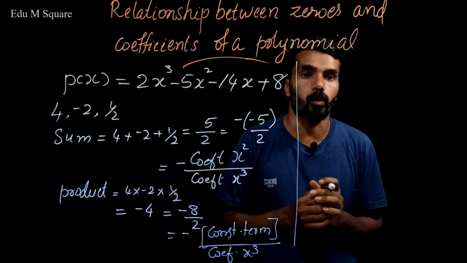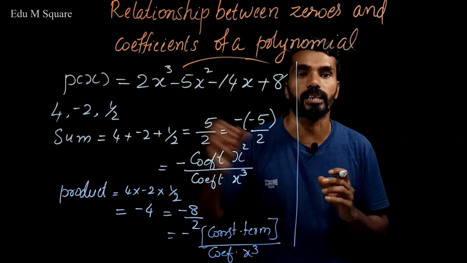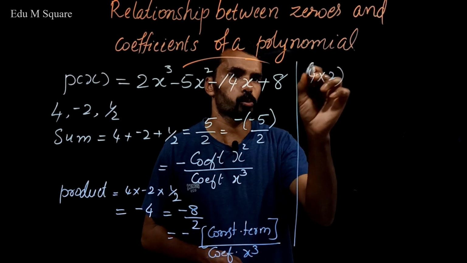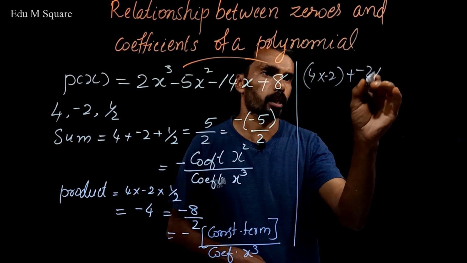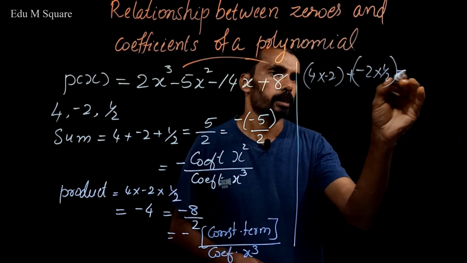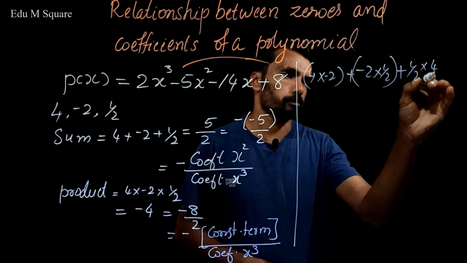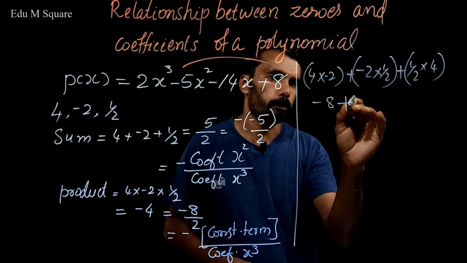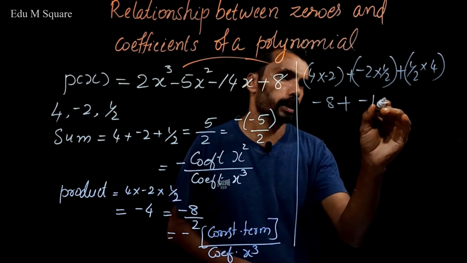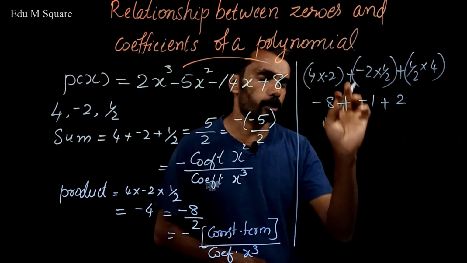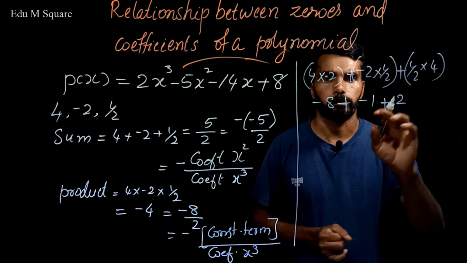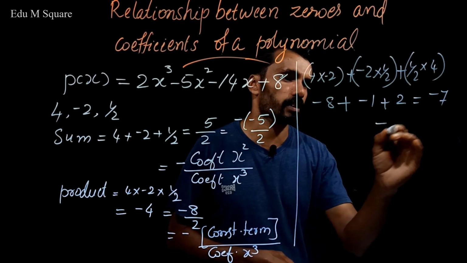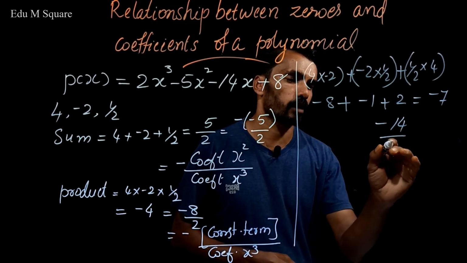Now we are going to find the sum of their pairwise products, that is 4 into minus 2 plus minus 2 into 1 by 2 plus 1 by 2 into 4. Now this is minus 8 plus minus 1 plus 2. Minus 8 plus minus 1 is minus 9, plus 2 is equal to minus 7. Again this minus 7 can be written as minus 14 divided by 2.